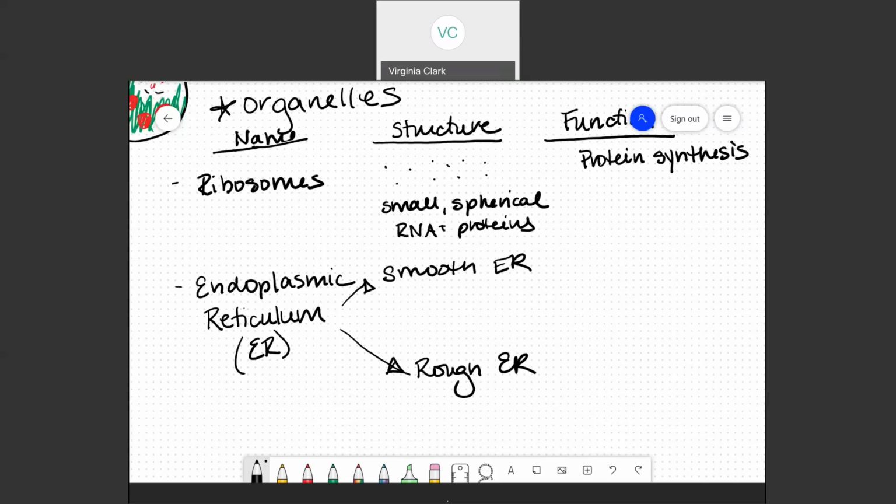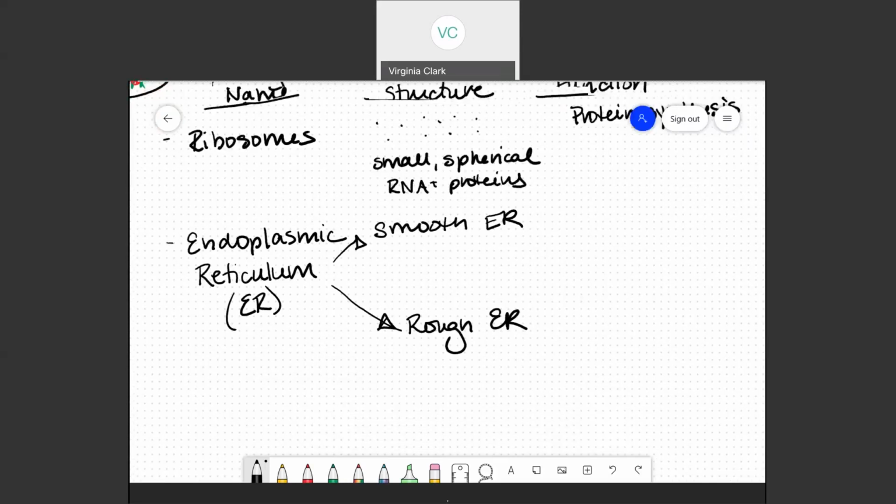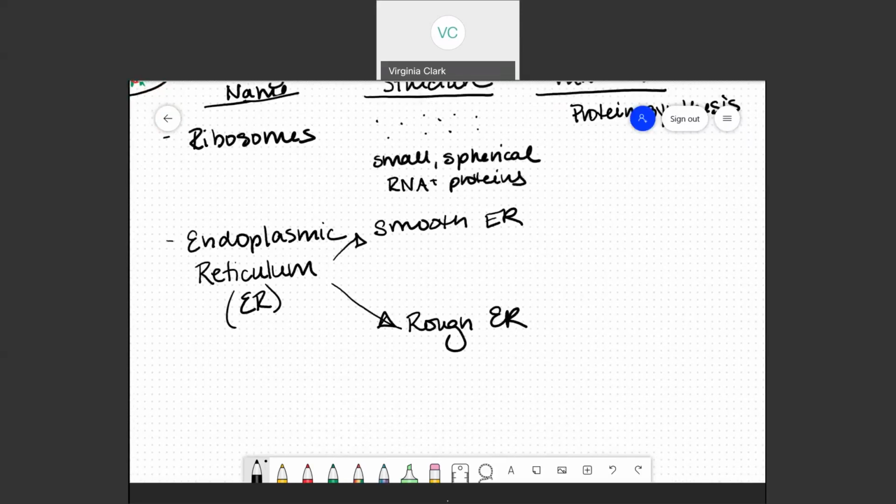So remember those pieces. The ER in general is going to be a very folded system of tubes. I like to call this guy a little bit more like ramen.